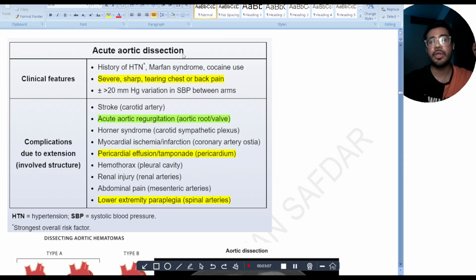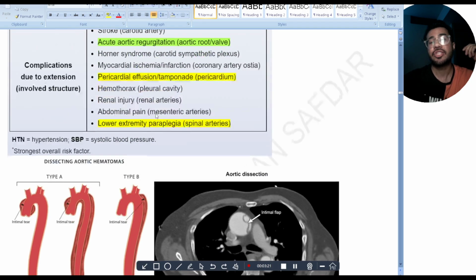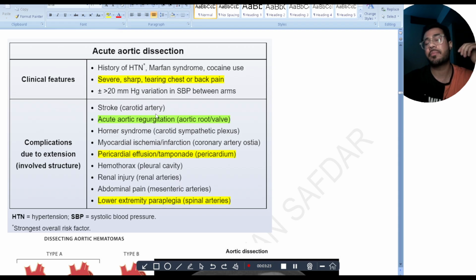So, with aortic dissection, what are the complications that can result? Let's discuss them one by one, and I'll explain the reasons behind each one of them. So, stroke, carotid artery, why can this happen? Just as I explained, the left subclavian artery can be pinched, resulting in a reduced systolic blood pressure.